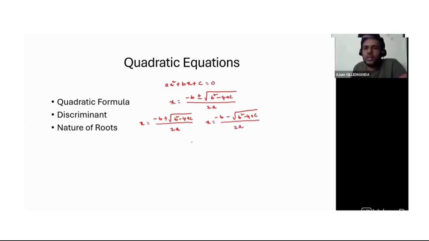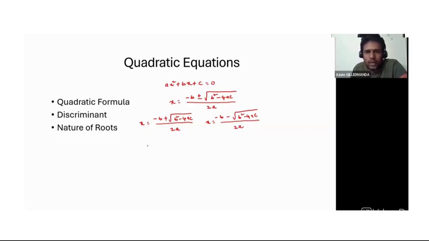So these are the two roots. If we use the factorization method or this formula, we'll get the same roots. It is difficult to find the roots using factorization all the time, because it takes time to find the factors. So this is easy. Just remember this formula: minus b plus or minus square root of b square minus 4ac by 2a.